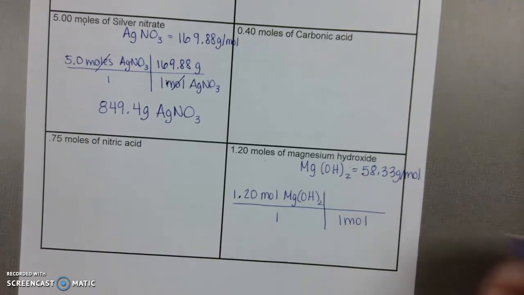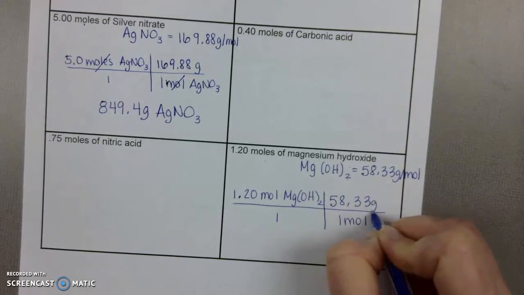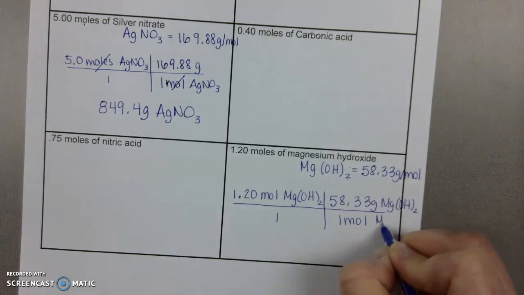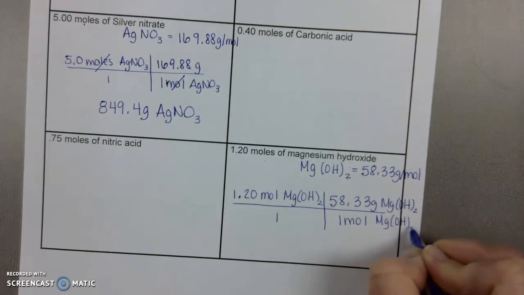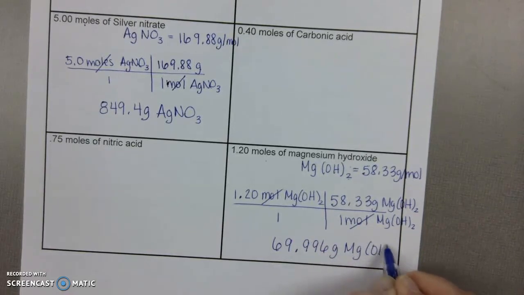I'll put a 1 there just as a placeholder, and I'll put the value in grams of magnesium hydroxide. Cancel out my moles, and mathematically I multiply the 1.20 by 58.33 and I get the answer of 69.996 grams of magnesium hydroxide.